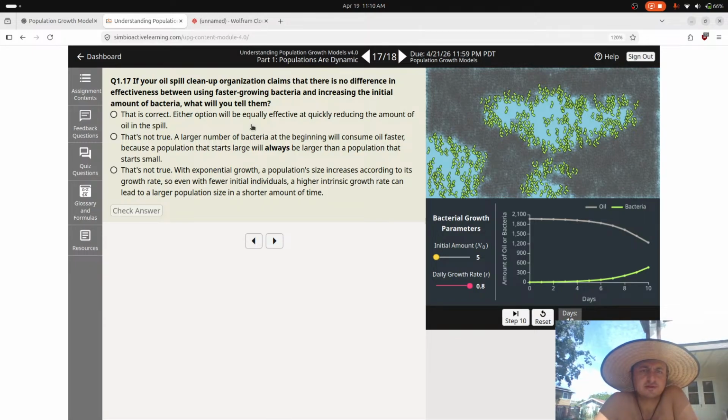If your oil spill cleanup organization claims that there is no difference in the effectiveness between using fast and slow bacteria, what will you tell them?